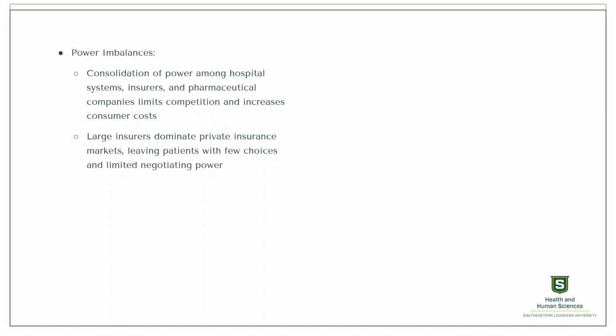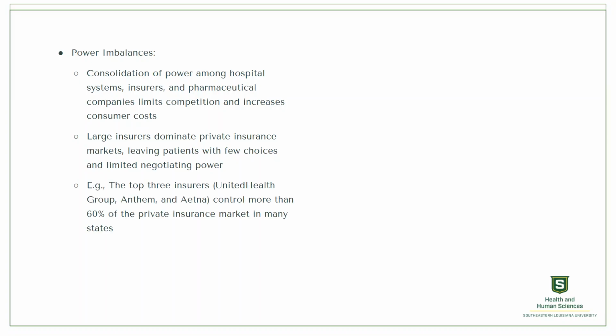Which means that if you do not have another place where you are getting your insurance, you're kind of limited to staying with the insurer that your employer has bought into. So that is a problem, that it limits patients' choices and also limits their negotiating power.